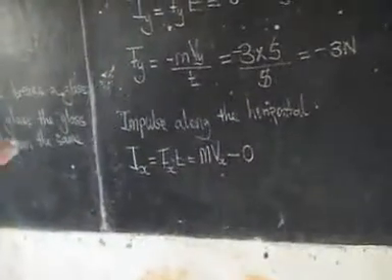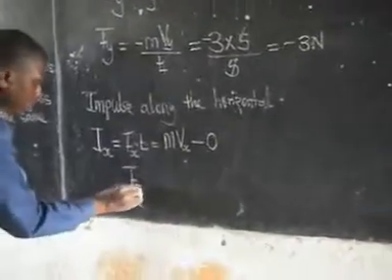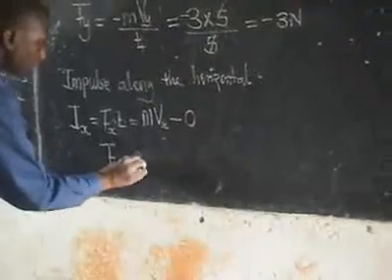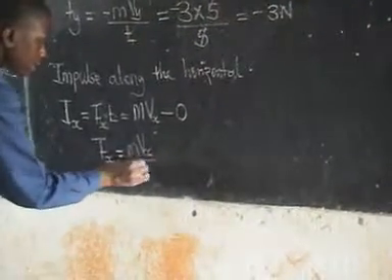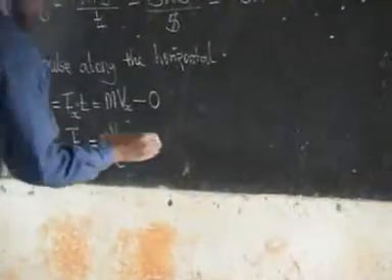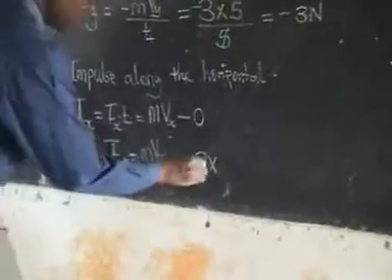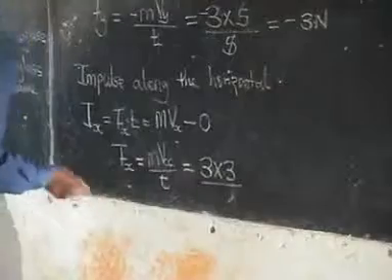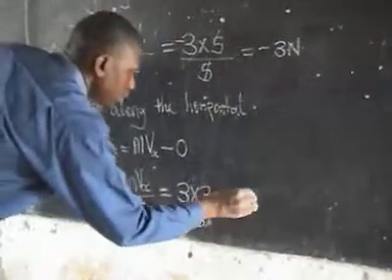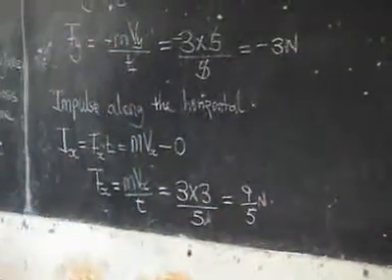Originally we had no momentum along the horizontal. So when you substitute, you will be able to get the force acting along the horizontal, which is given by m vx divided by t. The mass is what is given, 3. The vx is 3 divided by the time, which is 5. So this reduces to 9 divided by 5 newtons.